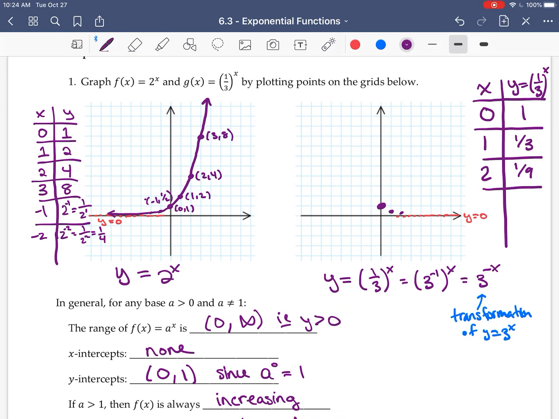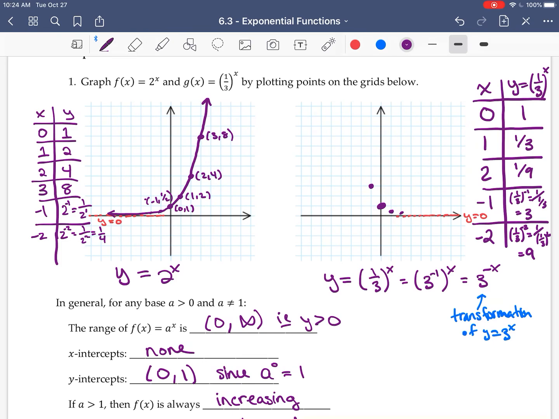Now if I do the negative numbers, let's say -1, then I have 1/3 to the power -1, which is actually 1 over 1/3, which turns out to be 3. So at -1, I'm actually at 3. Similarly, if I do -2, it's 1 over 3 to the power -2, so it's 1 over 1/3 squared, which happens to be 1 over 1 over 9, which is 9.